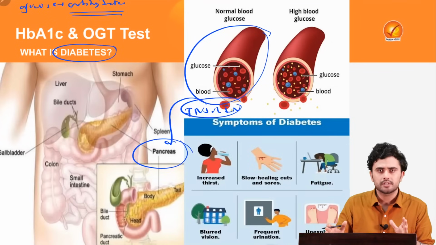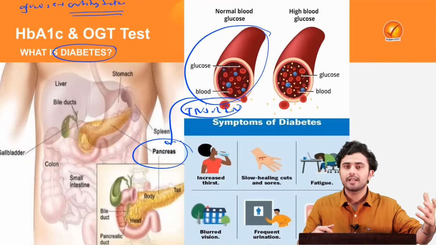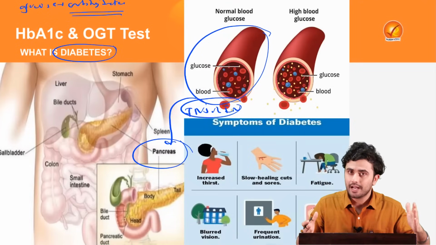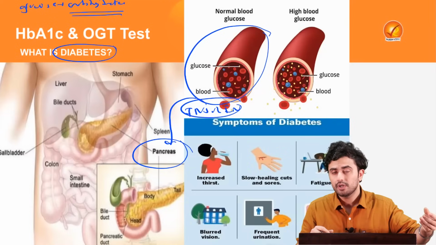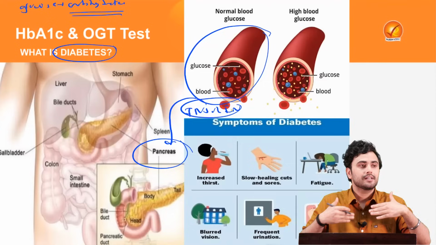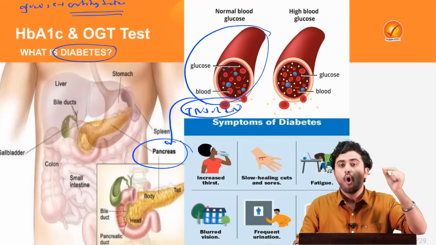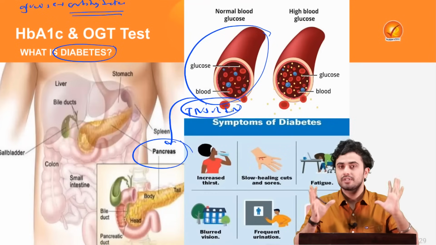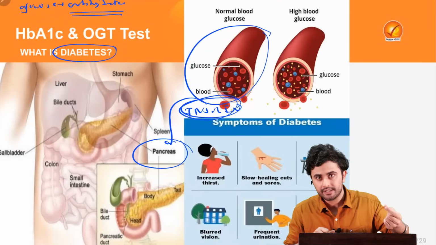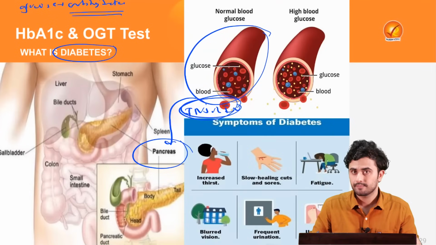However, in certain persons who do not have an active physical life, such as they do not go for a walk or run, or they have an obese life where they eat a lot of fast food, or it can be a genetic factor as well, or let's say they are consuming a lot of alcohol or tobacco products. All this leads to a situation where this insulin becomes ineffective to transport the glucose into the blood cells.